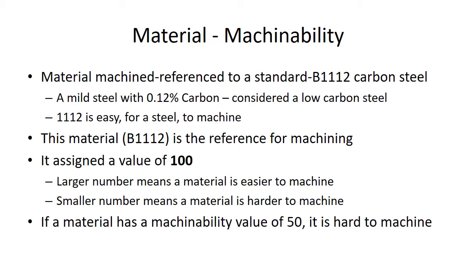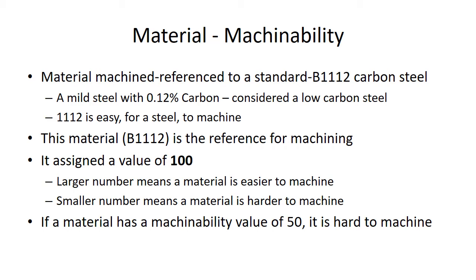Anything less than 100 was going to mean that it was harder to machine. Any number larger than 100 meant it would be easier to machine, and you would grade stuff accordingly. And you might think this is arbitrary, but they do actually have some calculations with this.